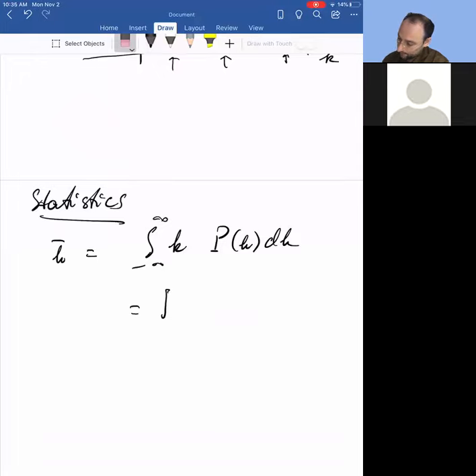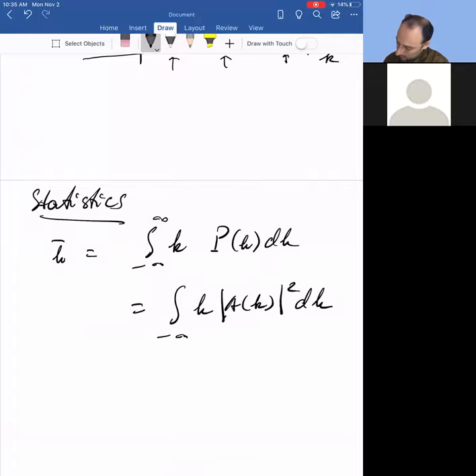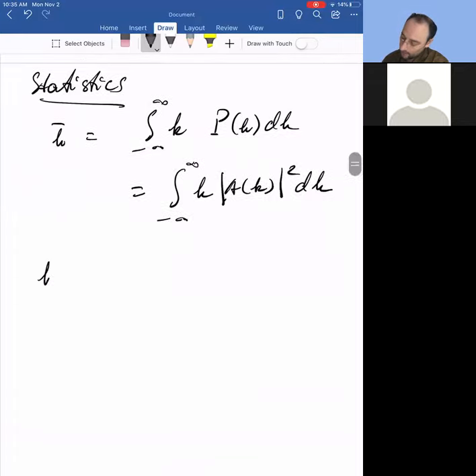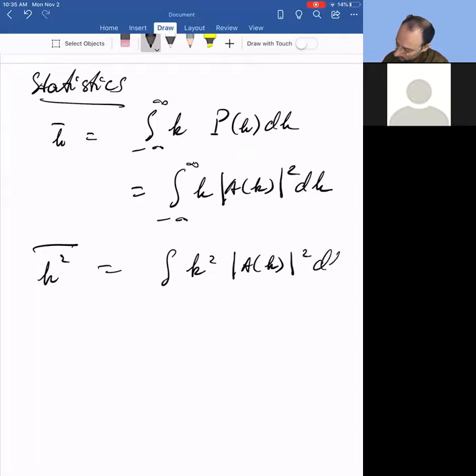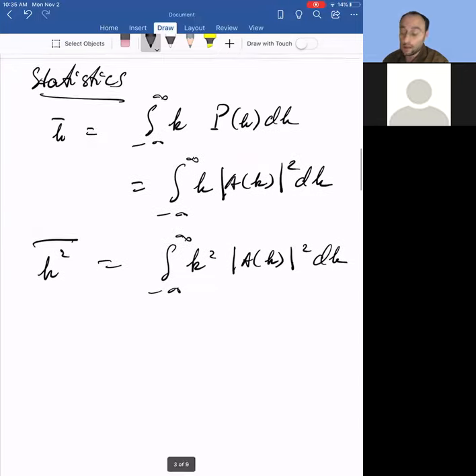And if I wanted something like the mean of the square of the momentum, I would do this. Just a second, folks, sorry. Okay. And if I want the mean of the square, not the square of the mean, I would do this kind of calculation, and so on.